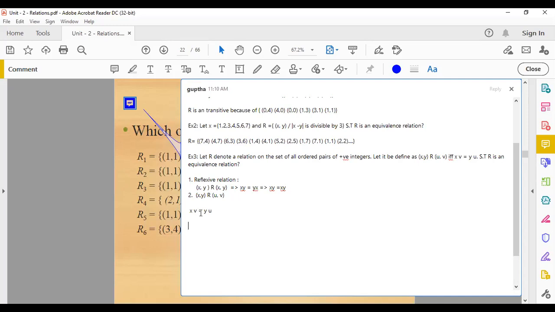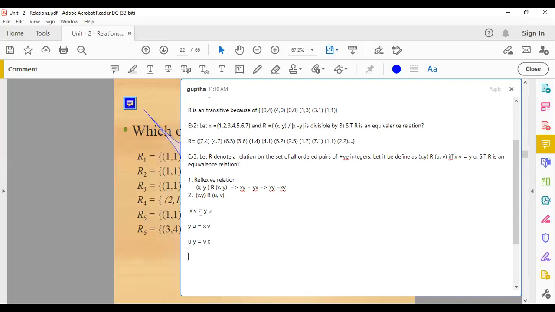Can we write like this: yu equal to xv, and then uy equal to vx? Can we write like this, guys?